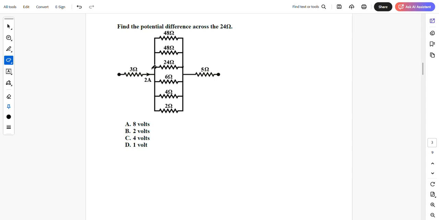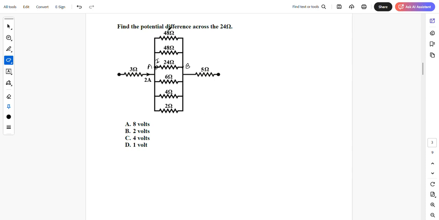Let me call this A and this B. I have to find the current I here. Once I know the value of current I, I can find the potential difference across 24 ohm.